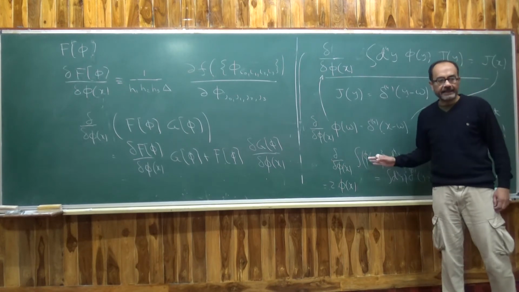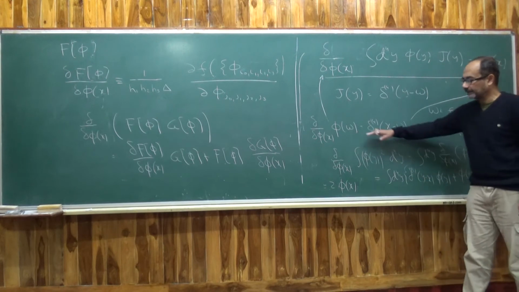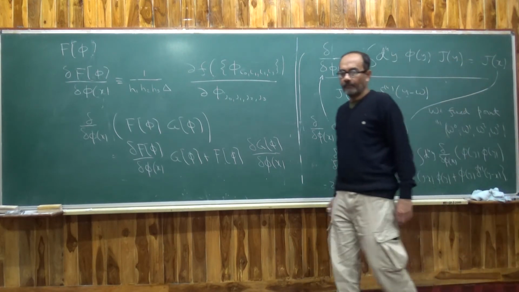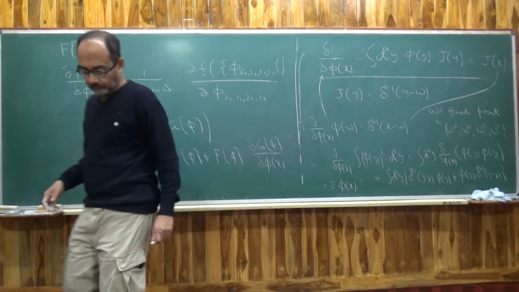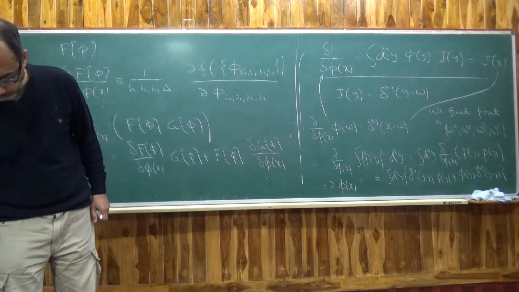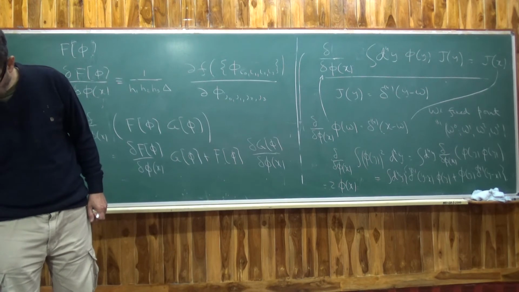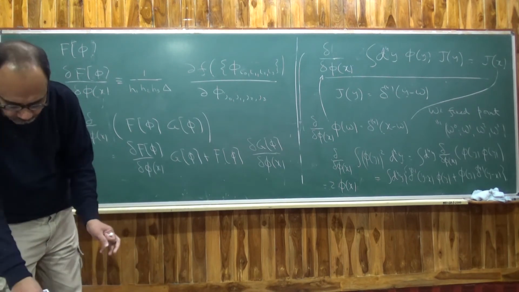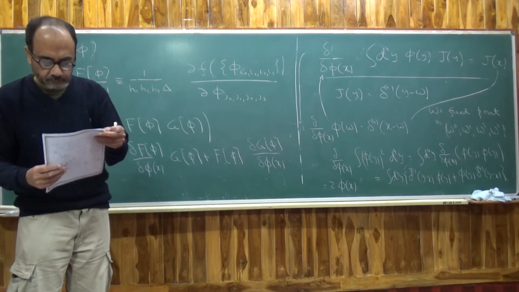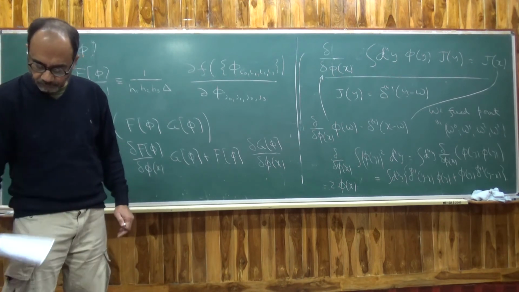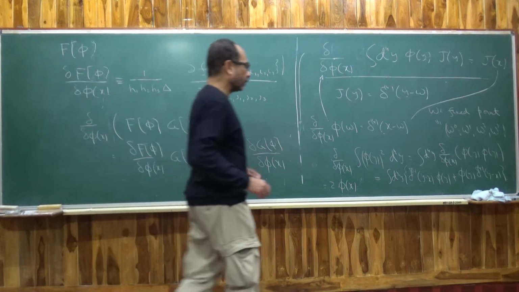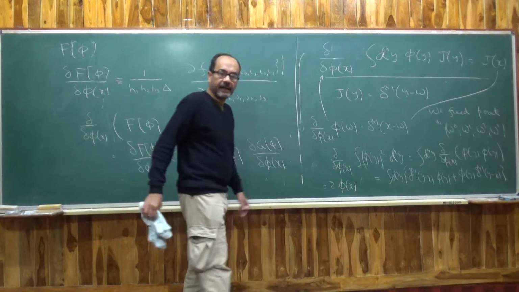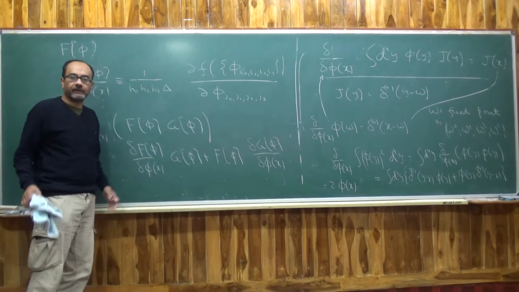So put this inside, use this relation and evaluate the result. Now we are going to apply all this in the problem that we had set up, which is to evaluate the path integral.